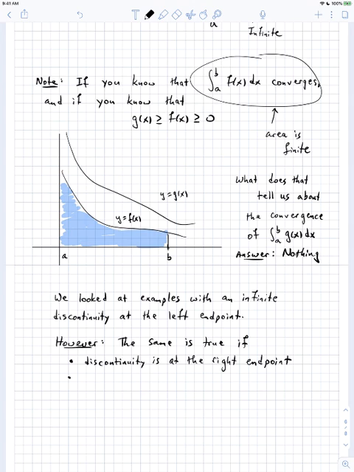But it's also true if you're looking at not a discontinuity but an infinite interval. So the same is true if you are integrating over an infinite interval.